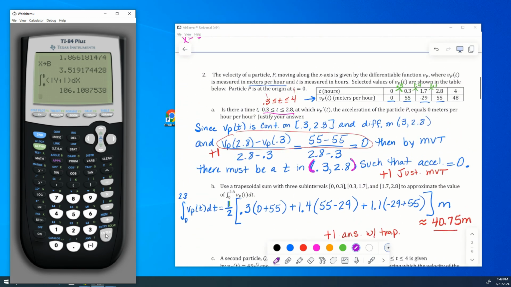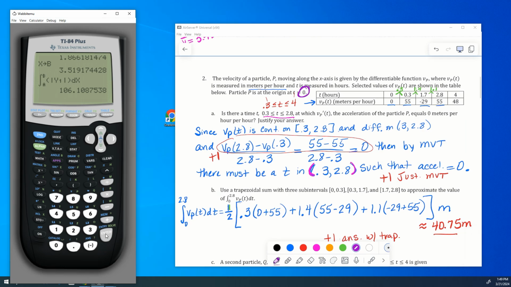Well, think about that. It said that it started at 0, and then it said using your answer from part B. Well, part B, if you take the integral of v of P, that's the displacement. So that's where that number comes from, when you use the trapezoidal rule.